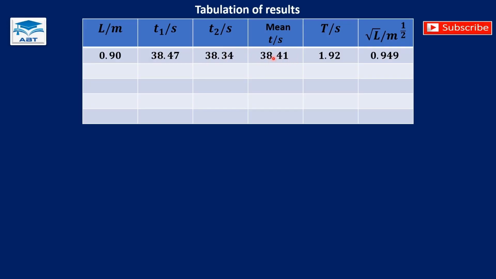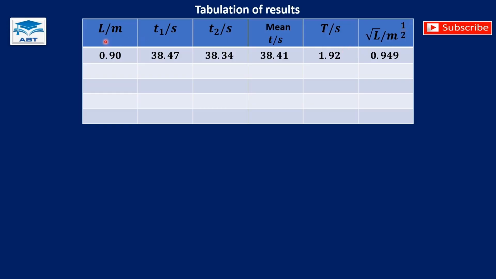We have 38.41 seconds. And we have the period also in seconds. That is the mean time divided by 20, and it's 1.92 seconds. And this is the square root of the length 0.90, and it gives 0.949 meters exponent 1 over 2.